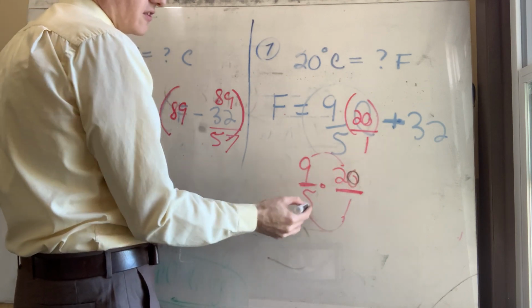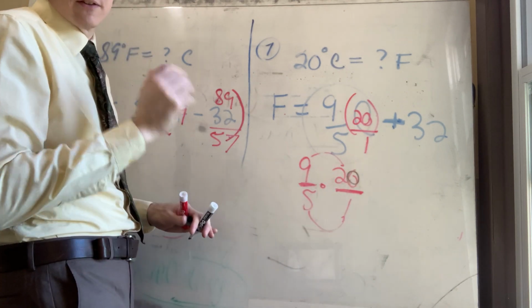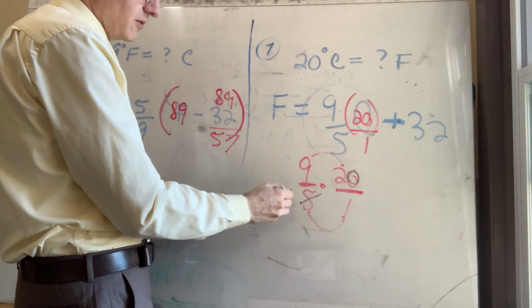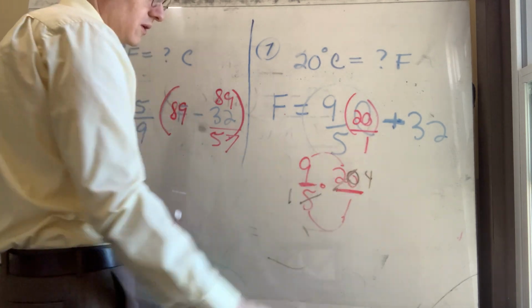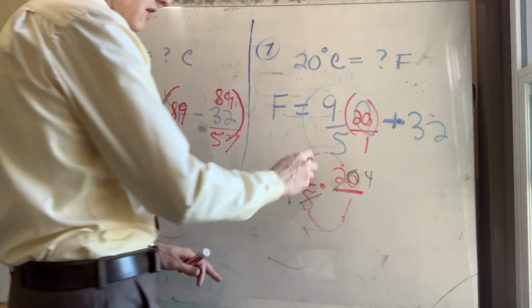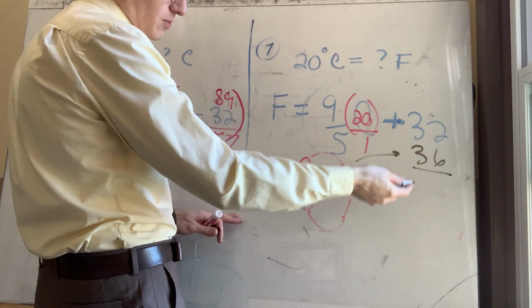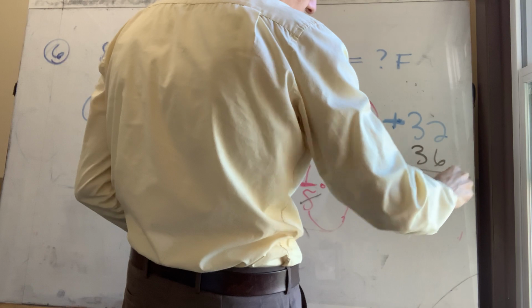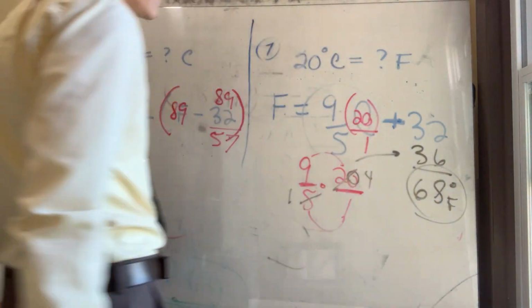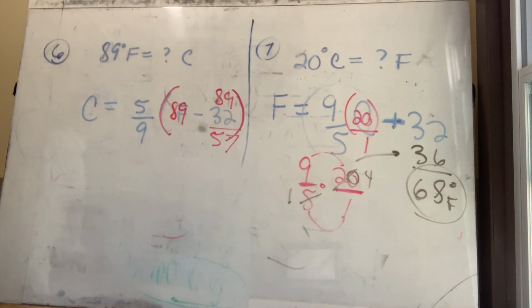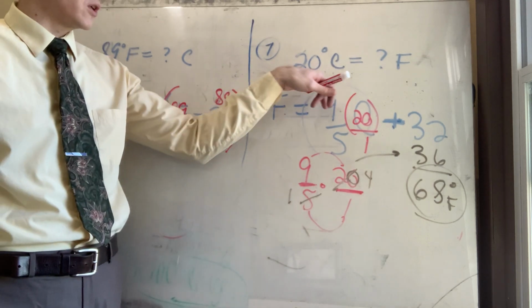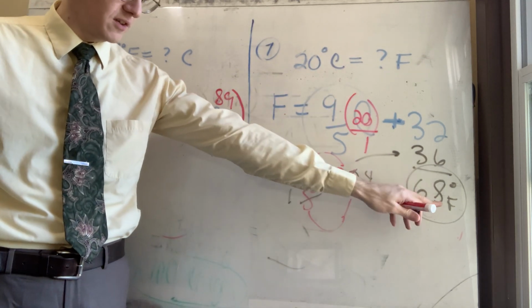You might recognize that 5 and 20 are made of the same factor, 5. So that means that this simplifies as 1 and this becomes 4. Therefore it is just 9 times 4, which is 36, something you would add to 32. 36 plus 32 is 68 degrees Fahrenheit. That is approximately room temperature, right? 20 degrees Celsius is 68 degrees Fahrenheit.